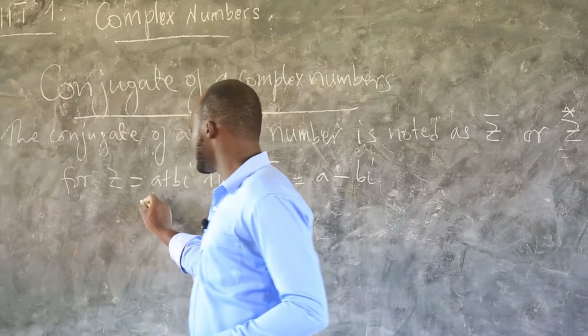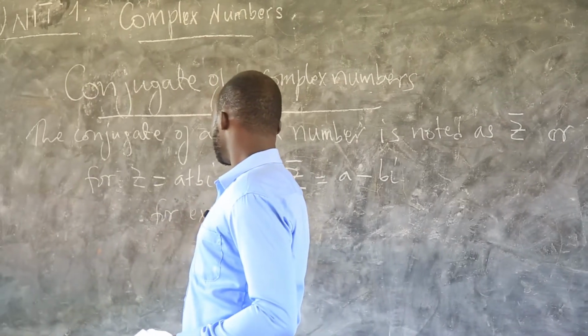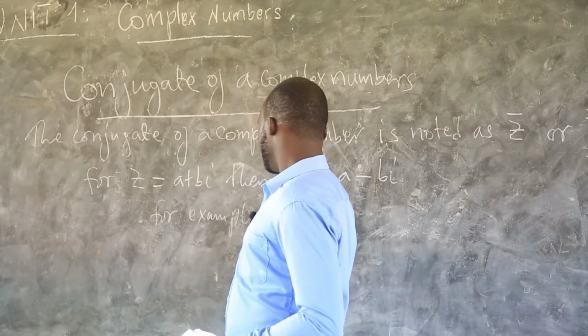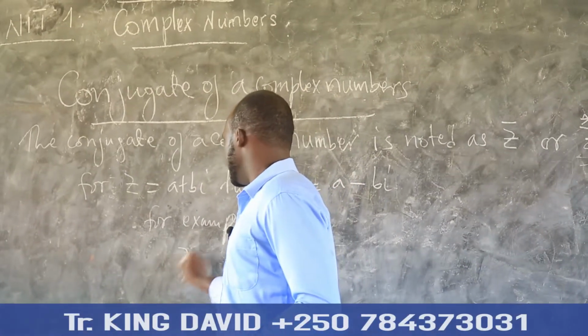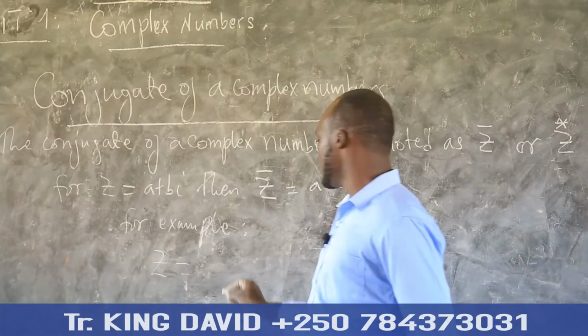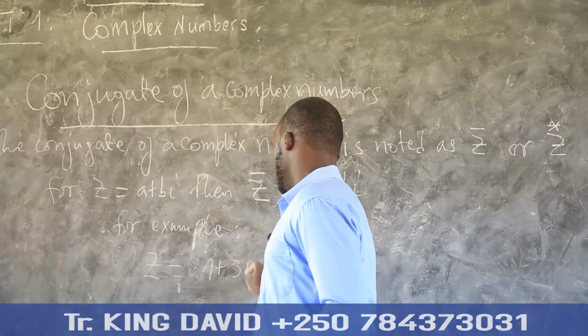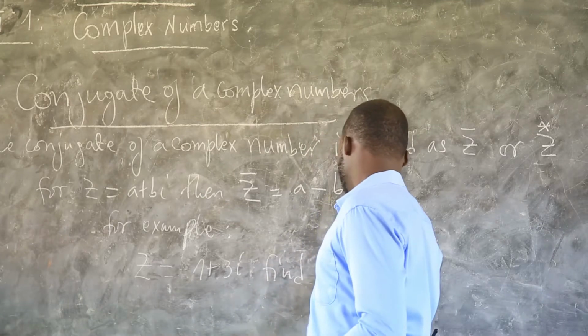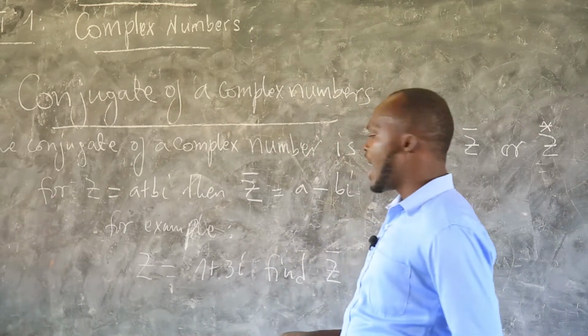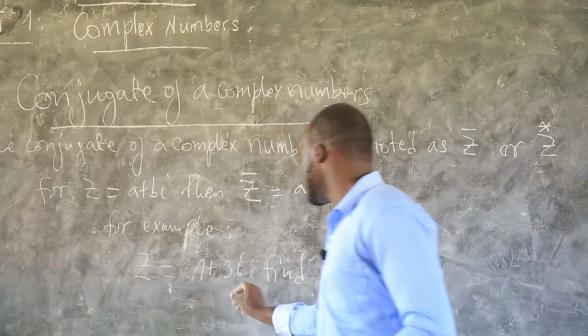For example, let's take Z equal to 1 plus 3i. Then the question is: find Z conjugate. How are we going to find Z conjugate?